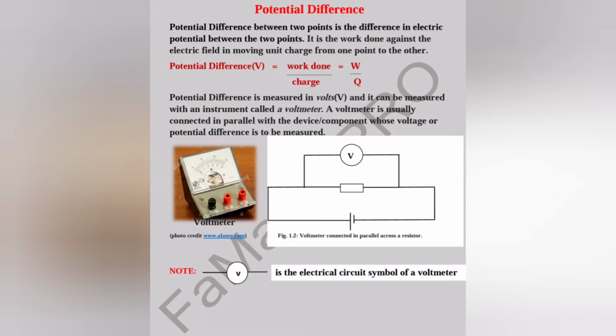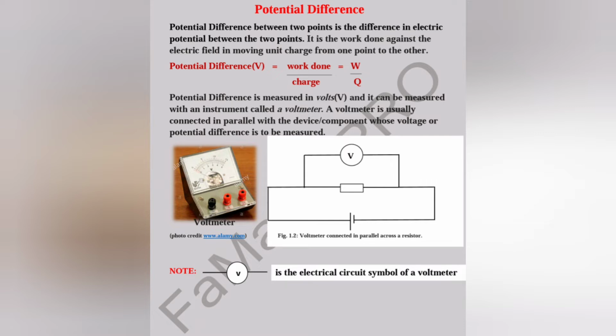The potential difference between 2 points is the work done against the electric field in moving unit charge from one point to the other. For a battery, the 2 points are the positive terminal and negative terminal of the battery.